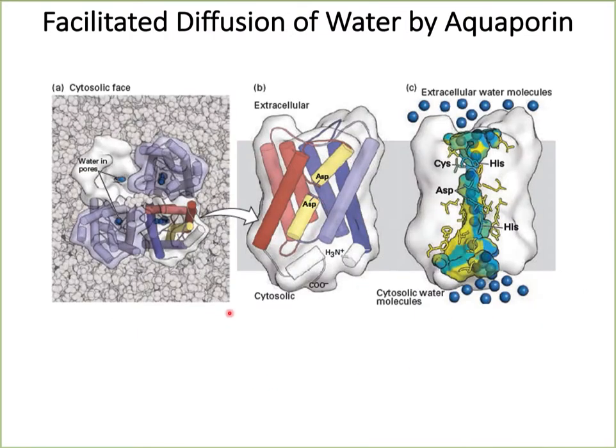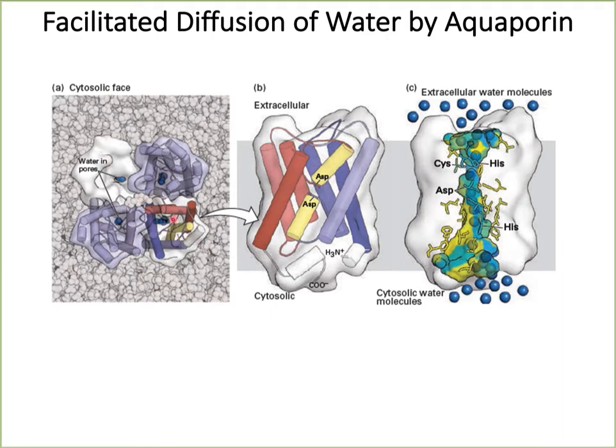Although water is not as large as glucose, it is still a polar molecule and can't pass through the plasma membrane by passive diffusion. Cells have a protein transporter for water known as aquaporin, found in all domains of life from bacteria to eukarya. The illustration shows the molecular structure of a bacterial aquaporin.